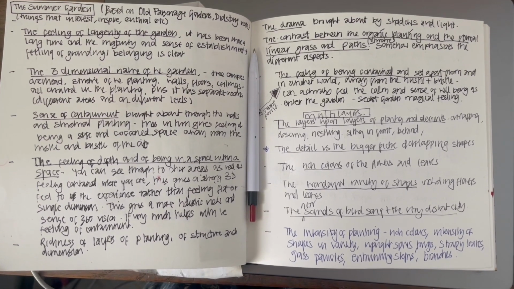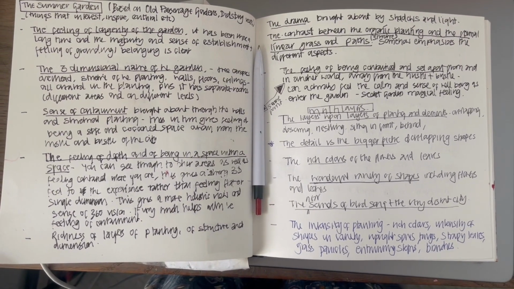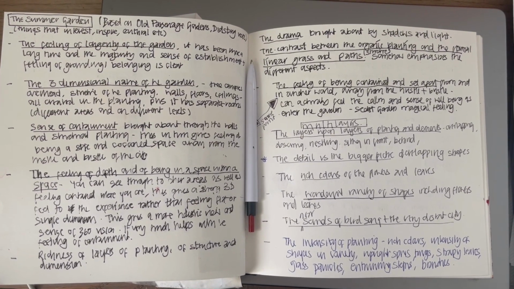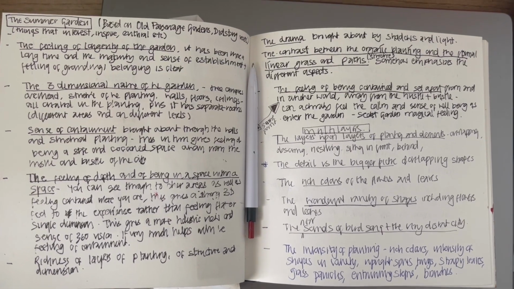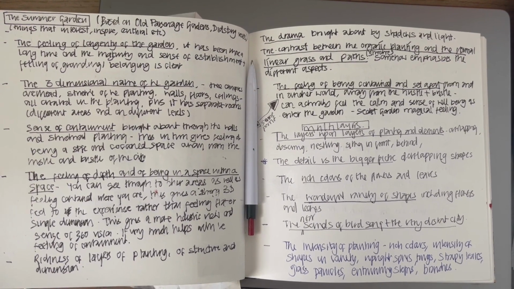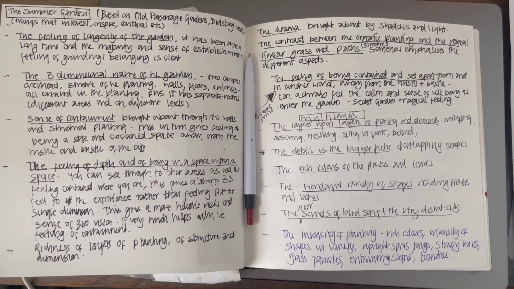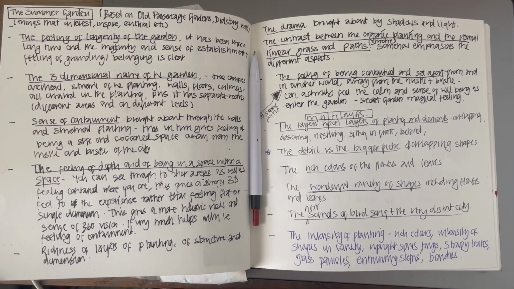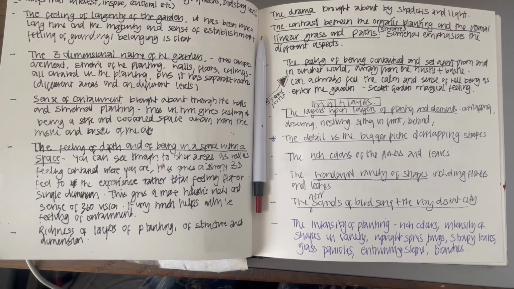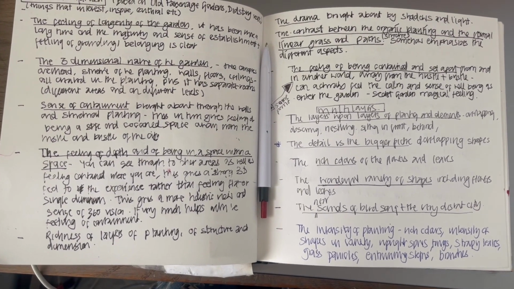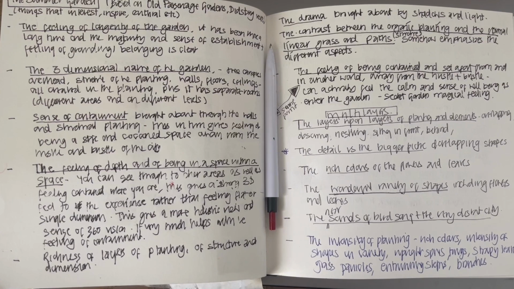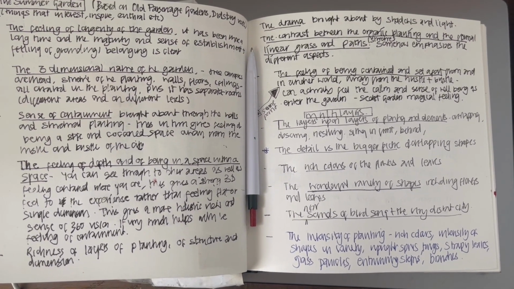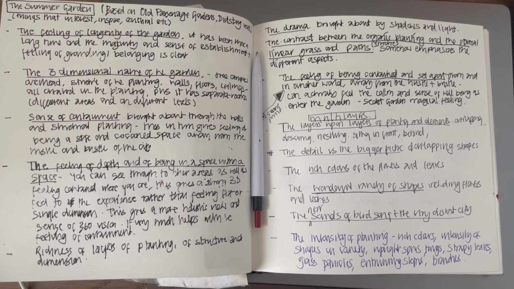Just on these double pages, what I'm doing here is writing, really just like a list of things that interest, inspire, and capture my imagination about the summer garden and about my experience of visiting the Didsbury garden in particular. There's a whole range of things here that I won't go into, just to share that's an approach.